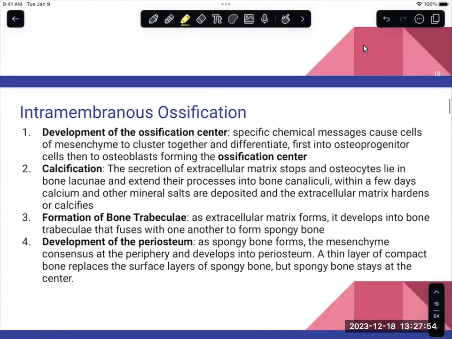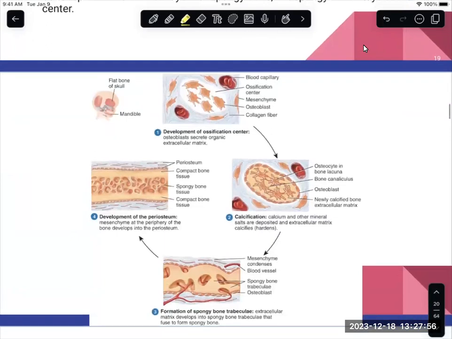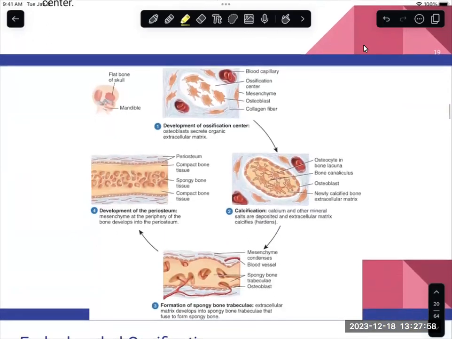So let's look at this intramembranous ossification. The first thing that's going to happen is we're going to create this ossification center where osteoblasts, those bone building cells, are going to come in and start secreting that bone matrix.